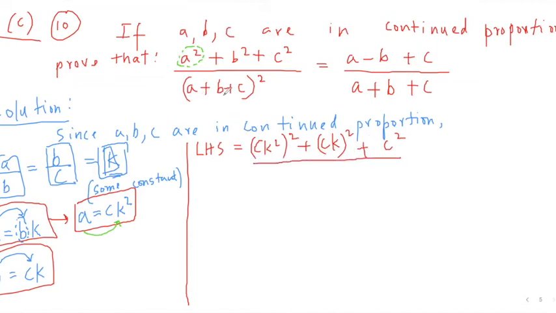Okay, so A plus B plus C, the whole squared is at the denominator. So instead of A in this, I can substitute, instead of A over here, we can write that as CK squared, plus B will be CK, CK plus C, the whole squared.